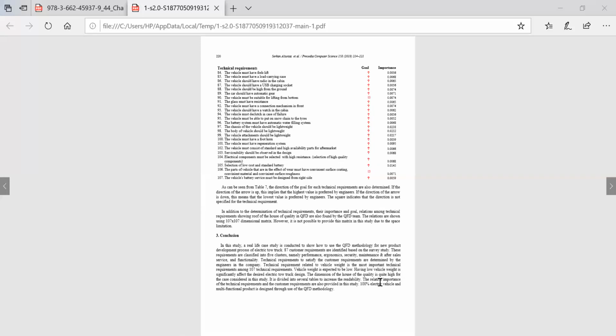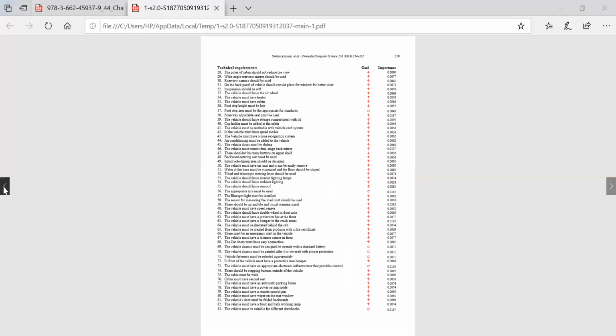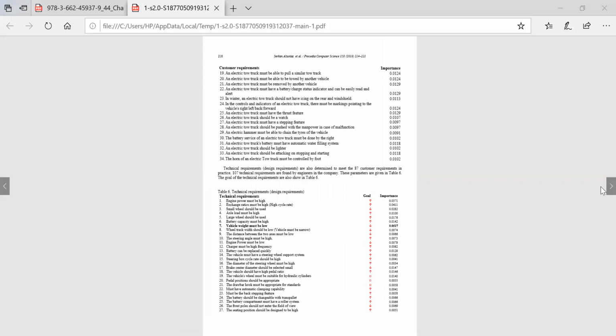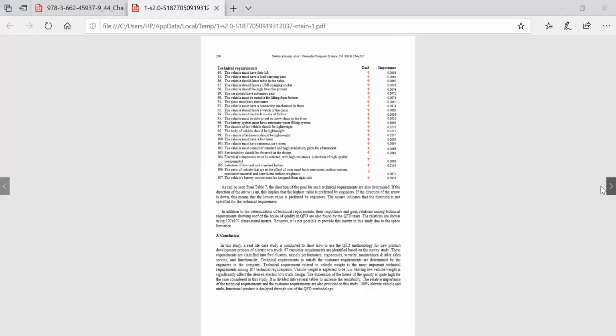There is no reduction in the quality aspect because the need of the customer was to maintain a good amount of quality. It could be divided into several tables to increase readability, even into very small tables if still complicated. But this is a fine table where you can map 87 customer requirements with 107 technical requirements.